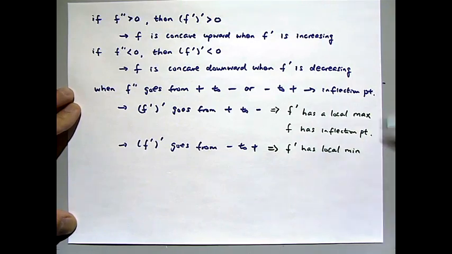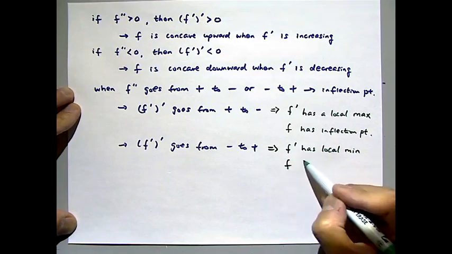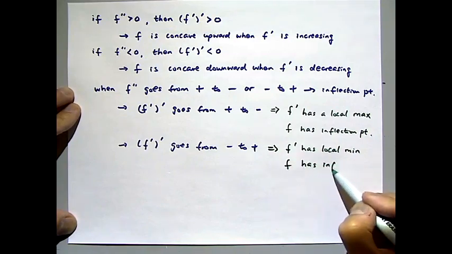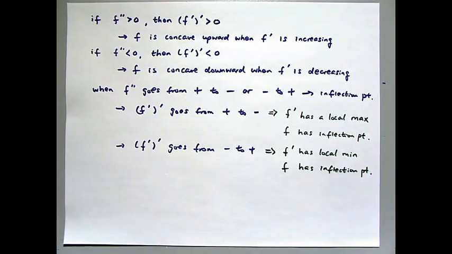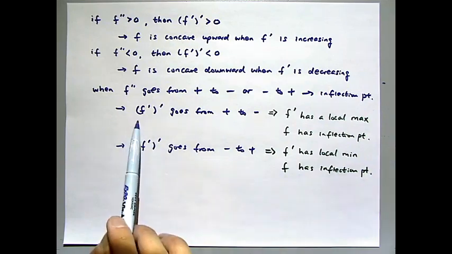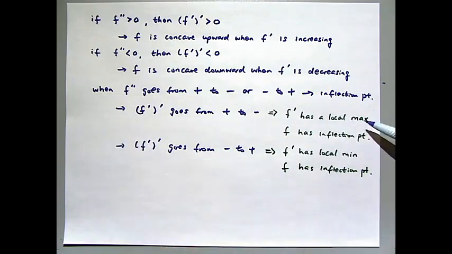It also means, just like in the case above, f has an inflection point. Okay, so all this is just based on reasoning of what we know from last time. Whenever the derivative of something changes sign, we have a max or a min. In the case of the first derivative, that means whenever the first derivative has a local max or min, on the original function we have an inflection point.